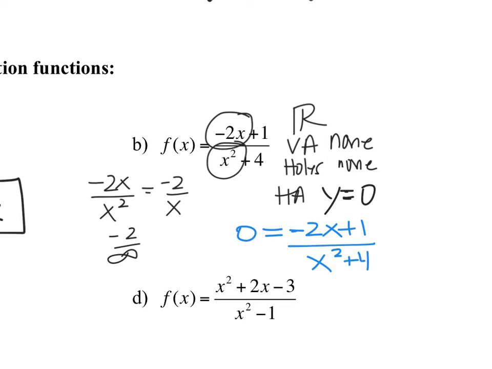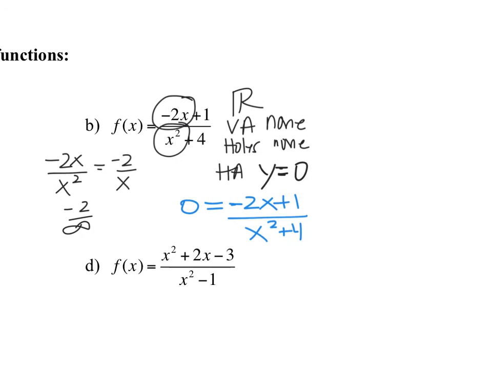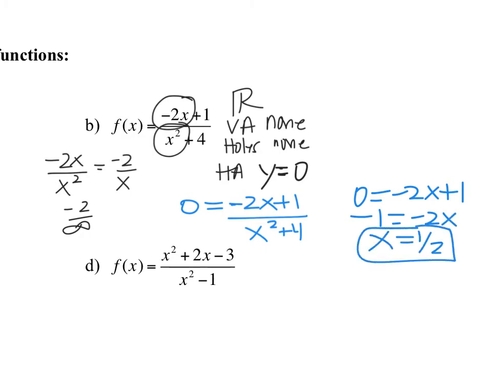And so you get 0 equals negative 2x plus 1. Subtract 1 to the other side. Divide by negative 2. So x equals 1/2 is a 0. That means that would be an x-intercept on your graph. Okay? So it's asking for all those things.